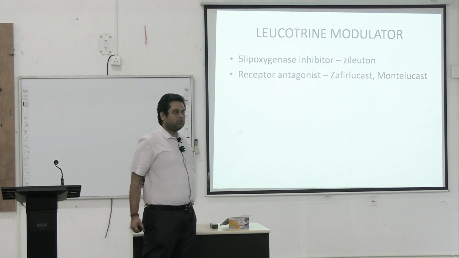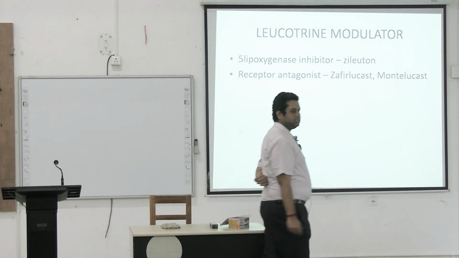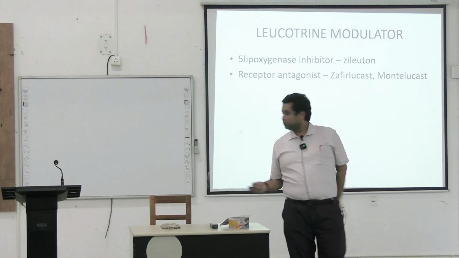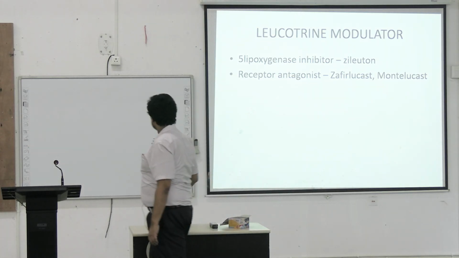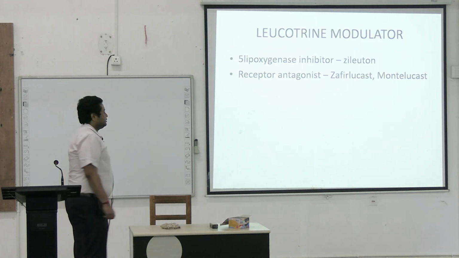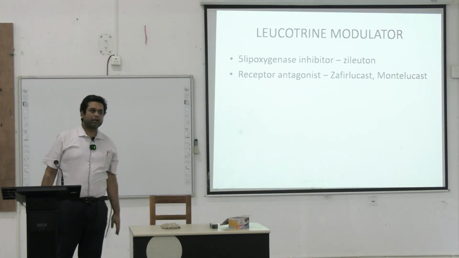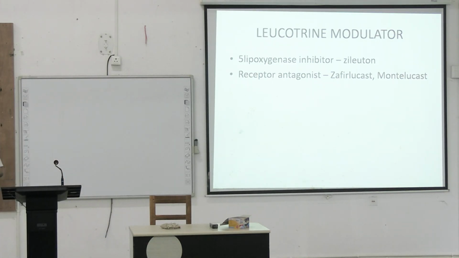Leukotriene modulator. Leukotriene is one of the chief mediators of asthma. So there is the 5-lipoxygenase inhibitor, zileuton, and the receptor antagonists, that is zafirlukast and montelukast. Now these two are also for prophylactic purposes.